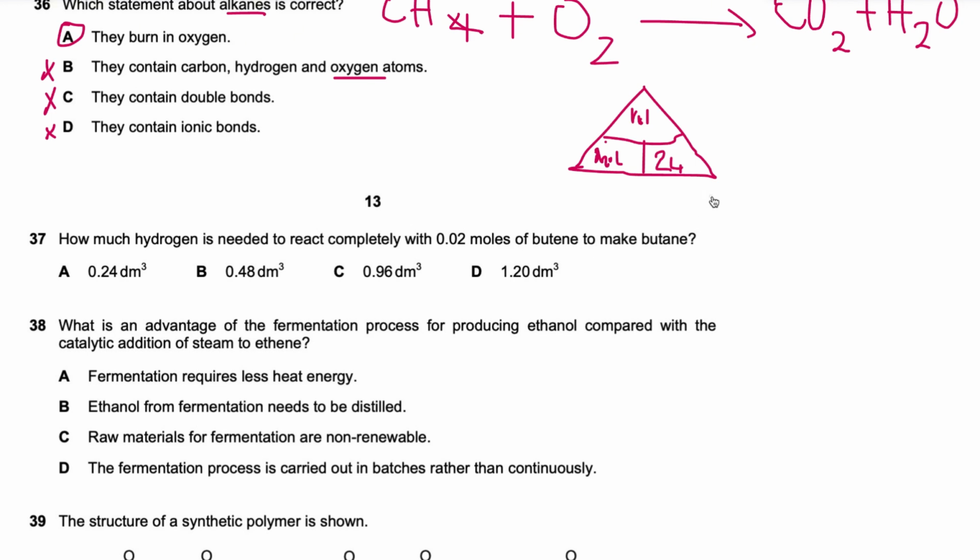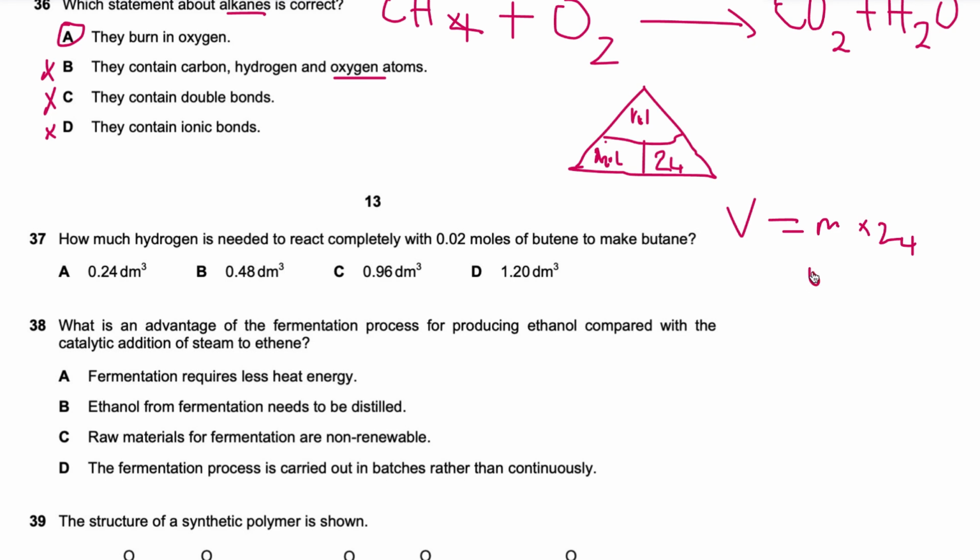The volume of hydrogen needed, because they are in the same molar ratio, will be the mole times 24 decimeter cube. The molar ratio for butene is the same as for hydrogen.